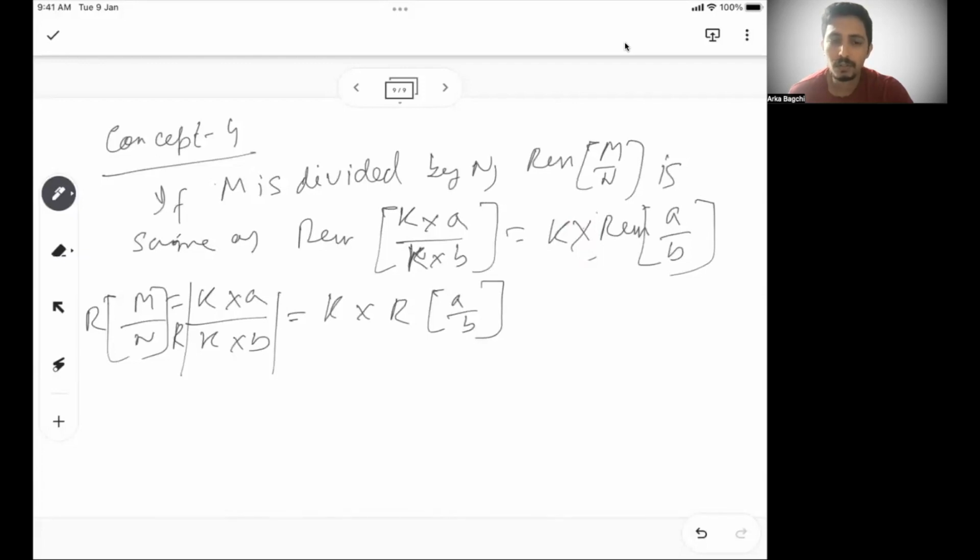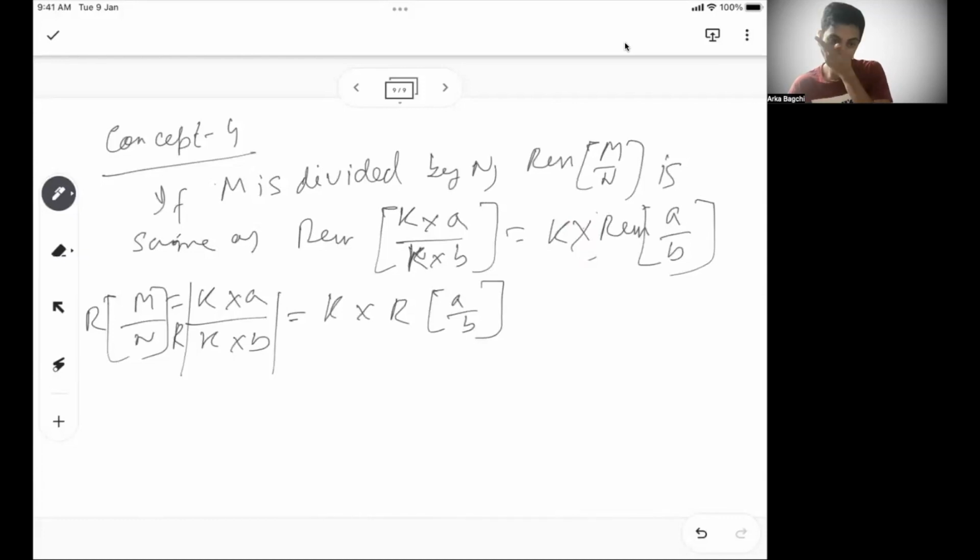So this is another concept which is a basic one. If there is any common factor between numerator and denominator, you take that common factor out, do the remainder calculation on whatever is left, and once you get the value, you multiply it with that common factor k to get the final remainder.